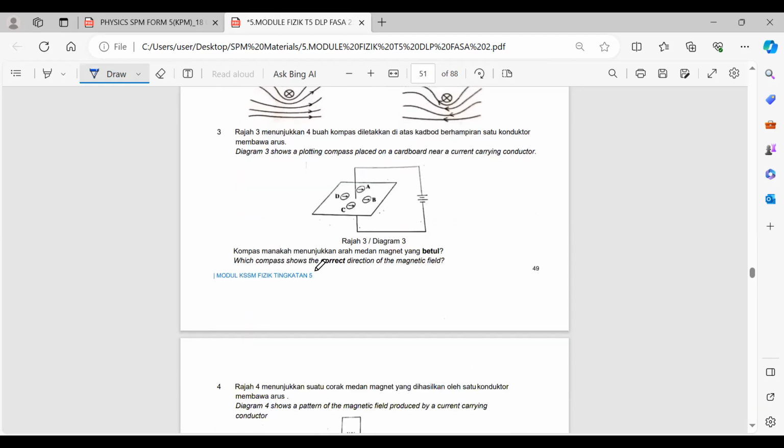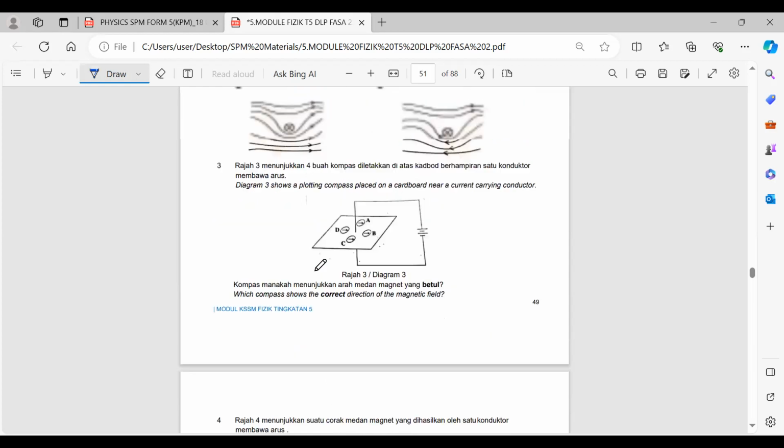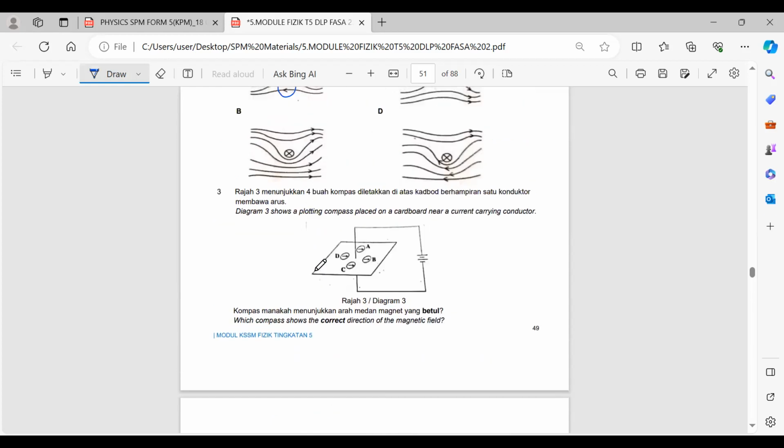Okay, so question number 3. Which compass shows the correct direction of the magnetic field? Is easy one.